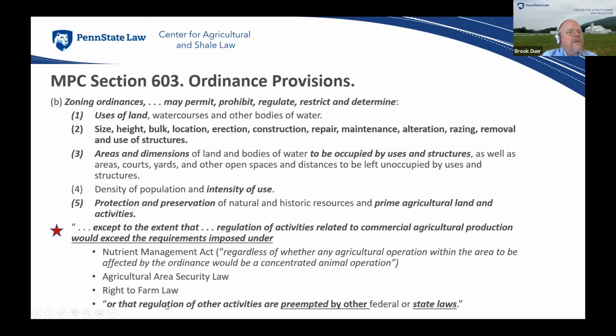But it's interesting to note that this falls in the exact introductory paragraph of 603, the fundamental statement of what a municipality's authority is with regard to land use regulation. And this is noted right in the first paragraph of an articulation of a municipality's authority.